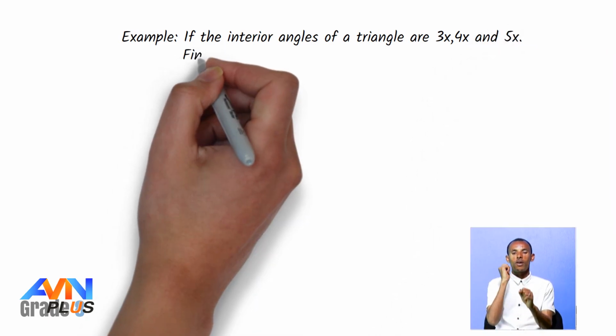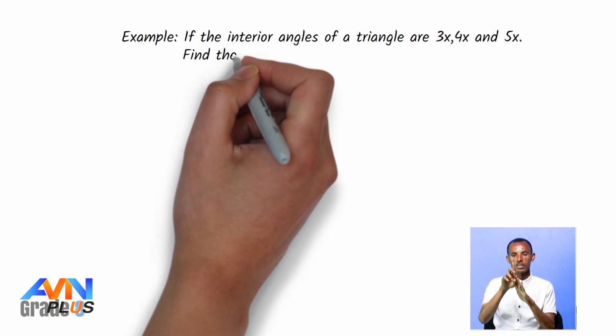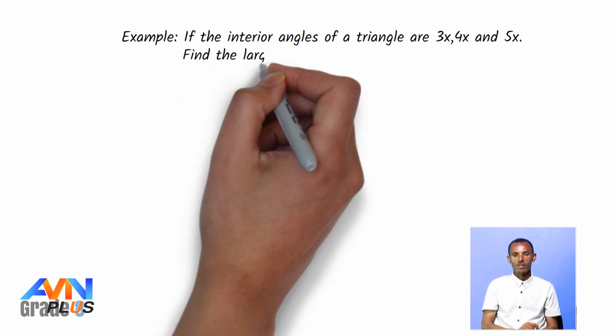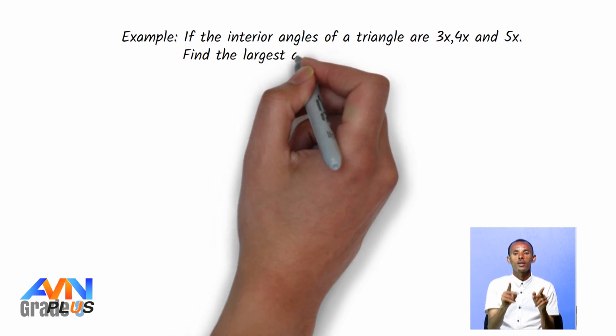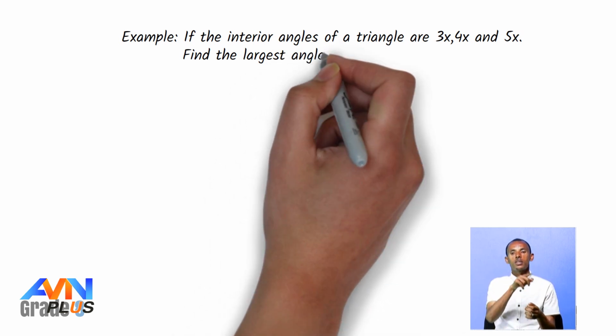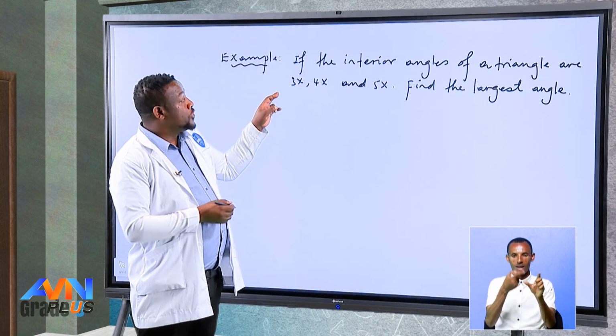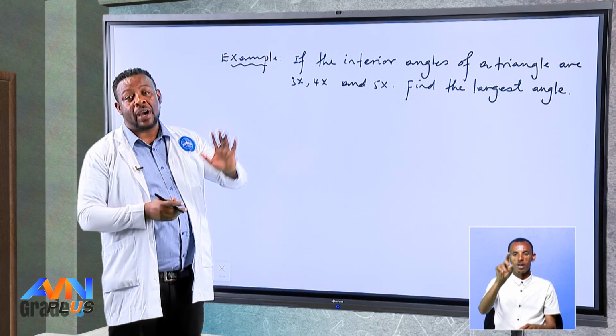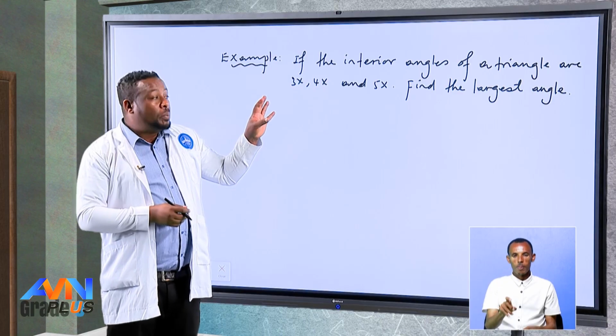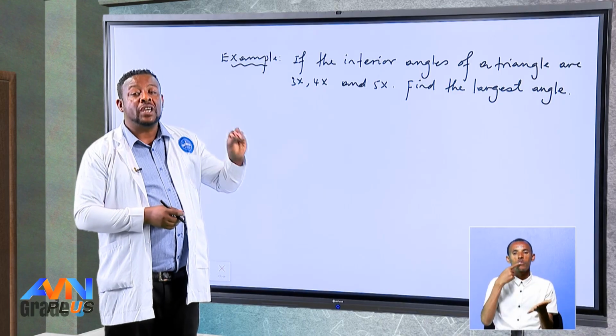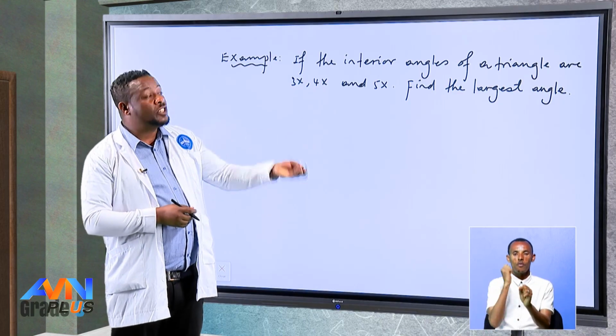Find the largest angle. Here there is a certain triangle whose interior angles are 3x, 4x, and 5x. Based on this information, we are asked to find the largest angle.